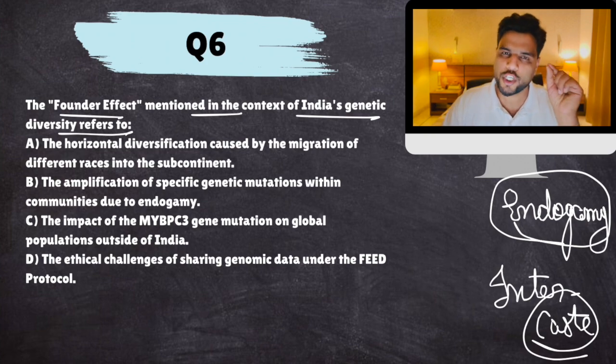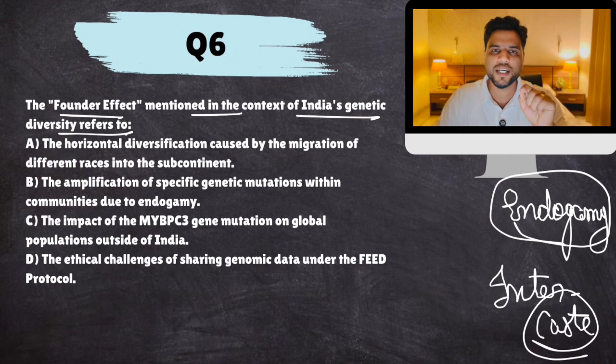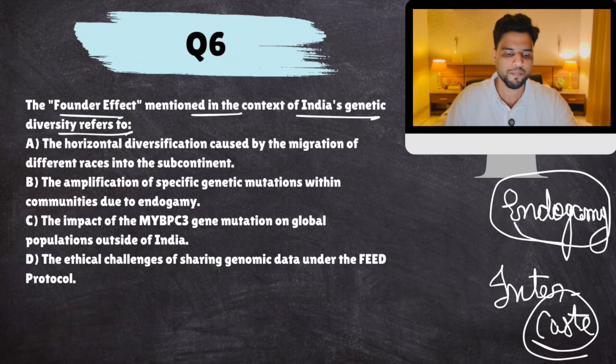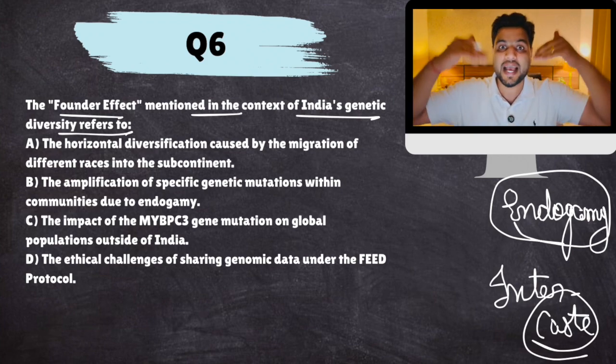Now, if there is a genetic mutation in one person, he will pass around that genetic mutation within that community because he is marrying in that community. So a person has some genetic mutation, that would be passed on to his son. That son would pass it on to other people within that community, and that genetic variation gets amplified.